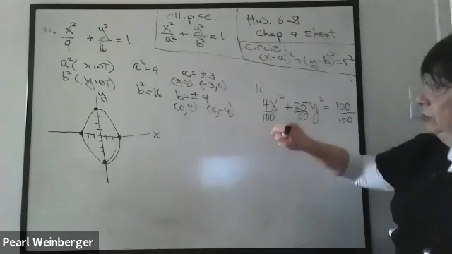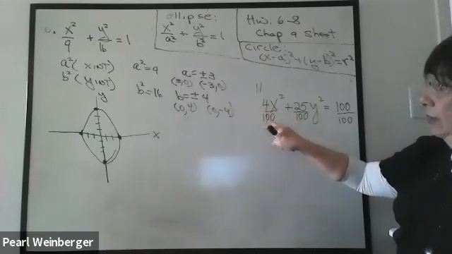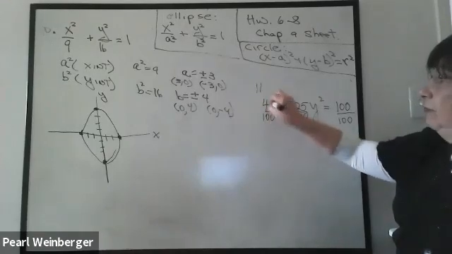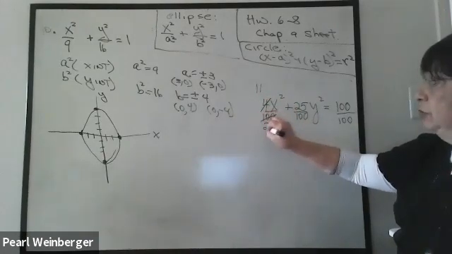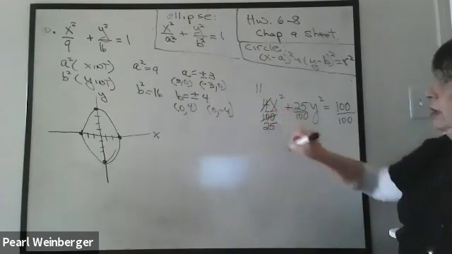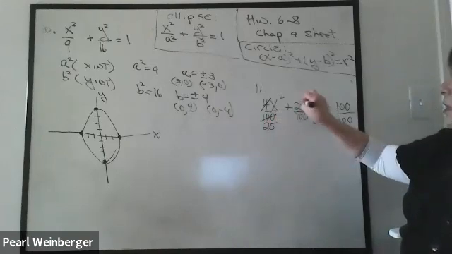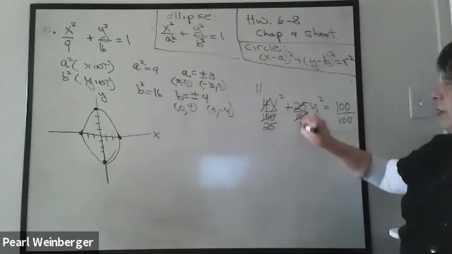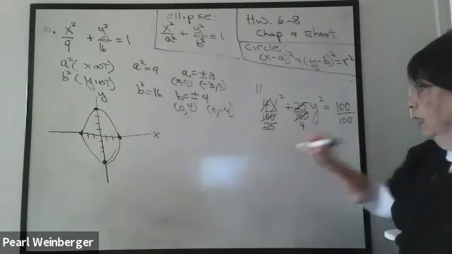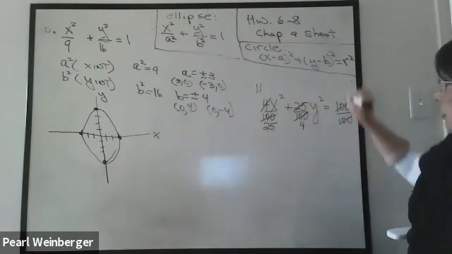And I reduce. So the 4 and the 100 have a common factor of 4. I cross out the 4. 100 divided by 4 is 25. The 25 I can cancel into the 100, and that gives me 4 on the bottom. And of course, this becomes a 1.